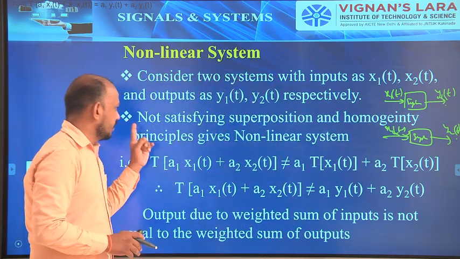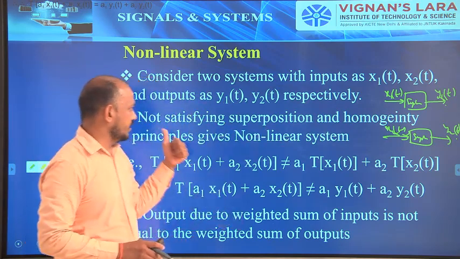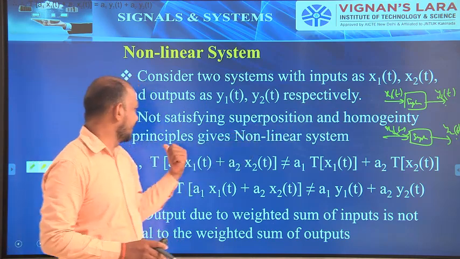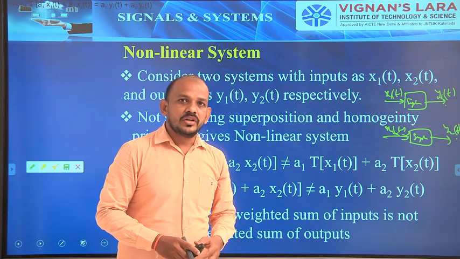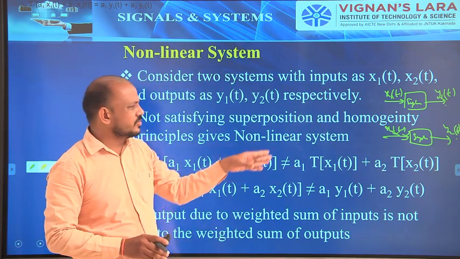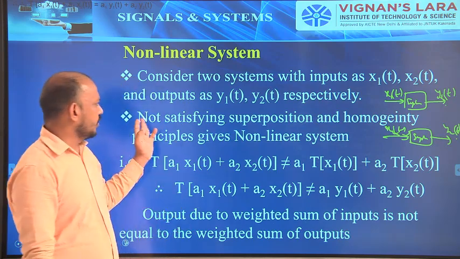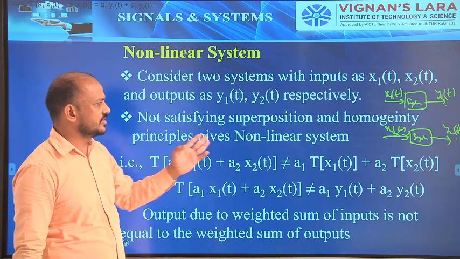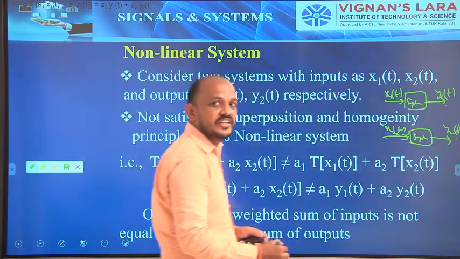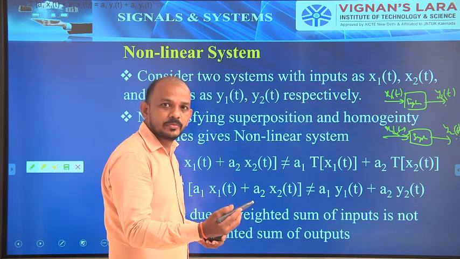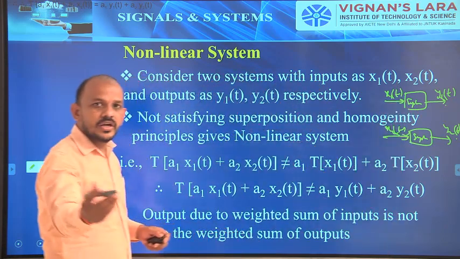If the systems do not satisfy the superposition and homogeneity principles, they are non-linear systems. If a system does not follow the homogeneity and superposition principles, then we can say that system is non-linear.